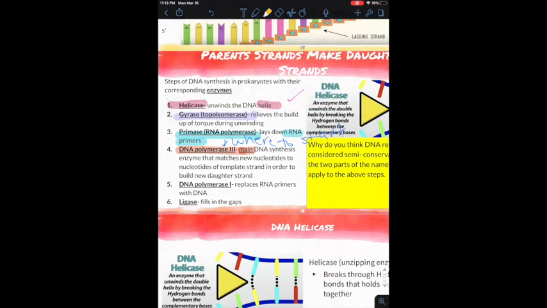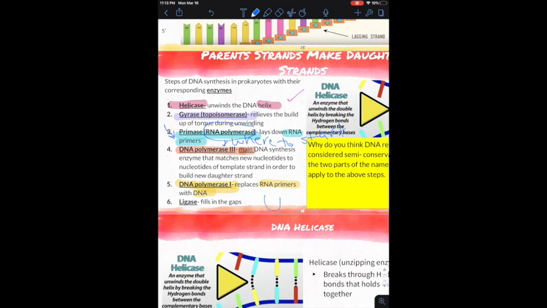DNA polymerase 1 is going to replace the RNA primers with DNA. So remember, the primase, the enzyme that's telling DNA polymerase 3 where to start, is an RNA polymerase. It's laying down RNA nucleotides.